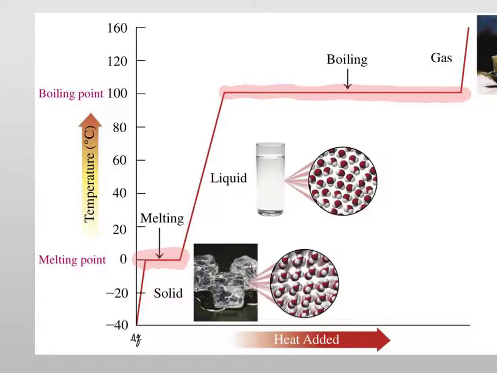The reasons behind all these things are not necessarily for the scope of this class. Like, why does a solid heat up faster than the liquid or the gas? Why does the gas heat up quicker than the liquid? And why does the boiling take so long compared to melting? Those are reasons that can be explained, but it's not for the scope of this class, so you don't need to worry about it.